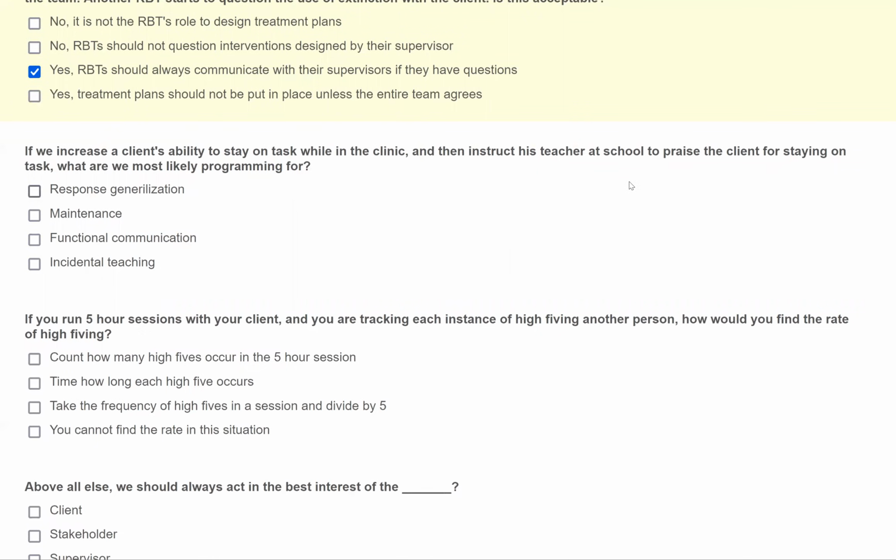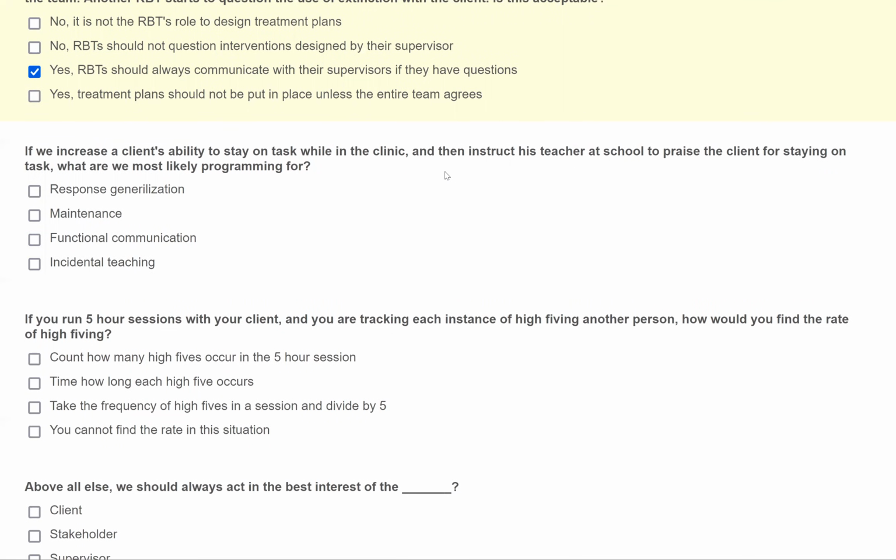We then instruct his teacher at school, so we're coming outside of the clinic to school, to praise the client for staying on task. What are we most likely programming for? If we are contacting reinforcement in the natural environment and our behavior is continuing, what do we say is happening, right? Now be careful here, okay?